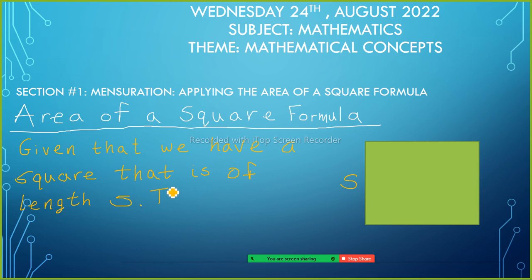then the area of a square is the following.